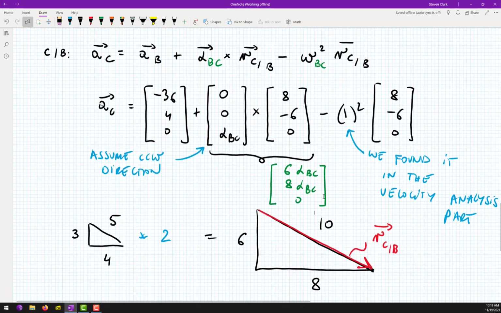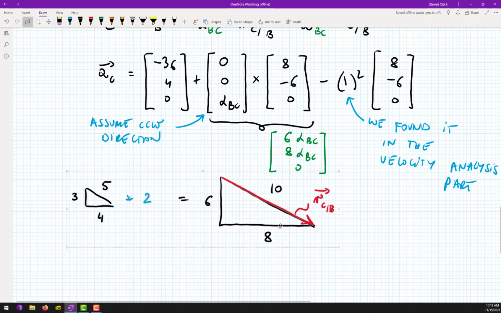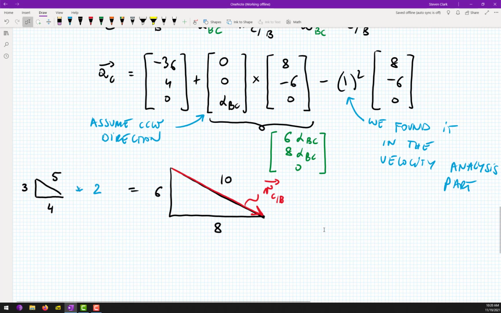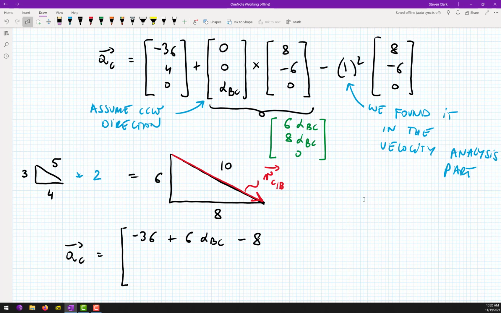Okay, let's put together our AC now. Our AC is equal to minus 36 plus 6 alpha BC minus 8, and here we have 4 plus 8 alpha BC plus 6, 0.